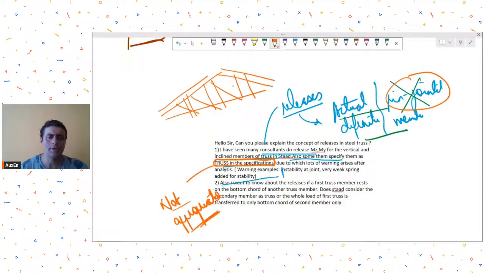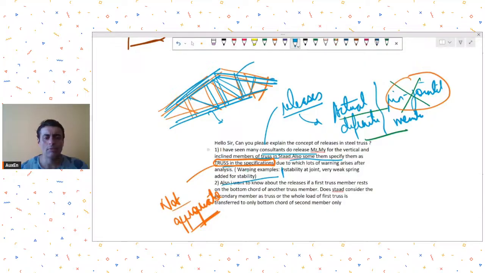But even for low moments, sometimes, because we use very light members, single angles or double angles, even for very small moment, you may see utilization ratio in truss members going beyond 1, isn't it?